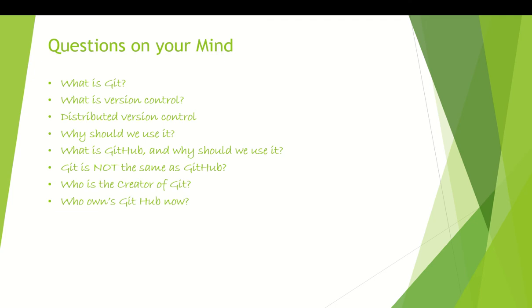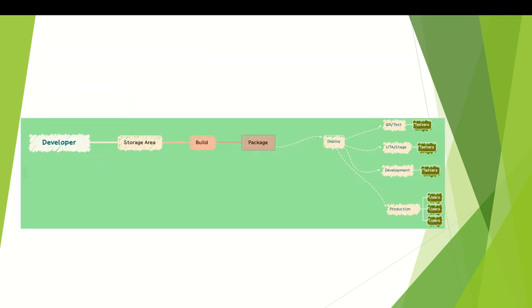Like we discussed a couple of times, for example a developer wrote code and it was pushed to the test environment. Version 1 was already existing there, and they pushed version 2 of that application, and there is some bug.